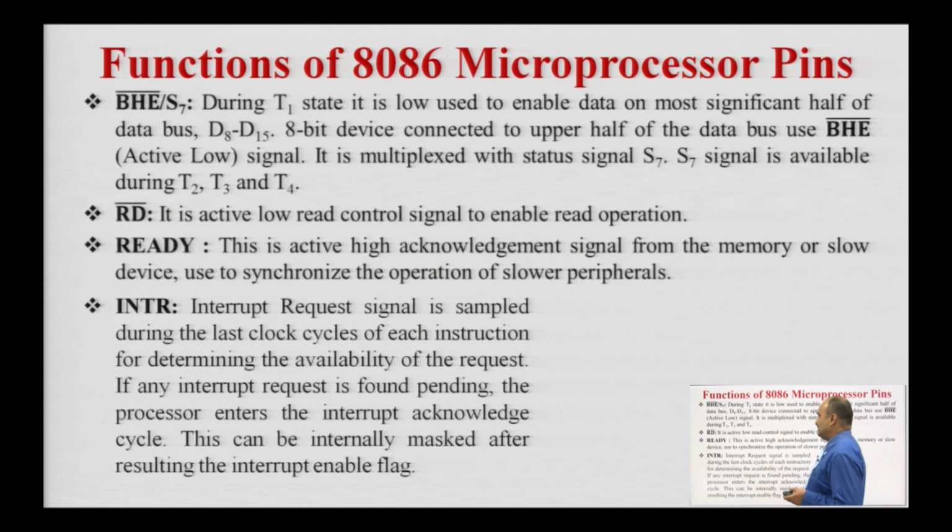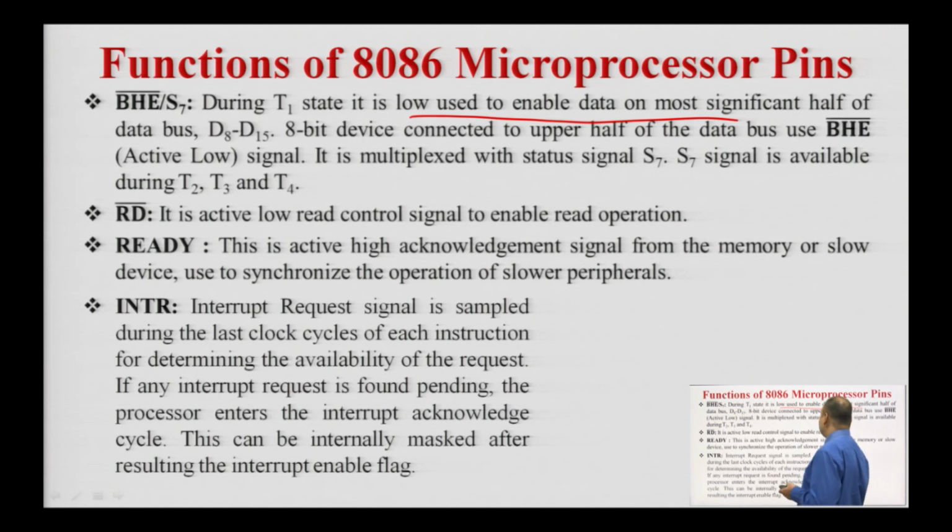Next is the BHE bus high enable, or S7. During T1 T state, it is low, used to enable data on the most significant half of the data bus. The 8086 microprocessor has a 16-bit data bus, which is divided into two parts, low order data bus D0 to D7 and high order data bus D8 to D15.